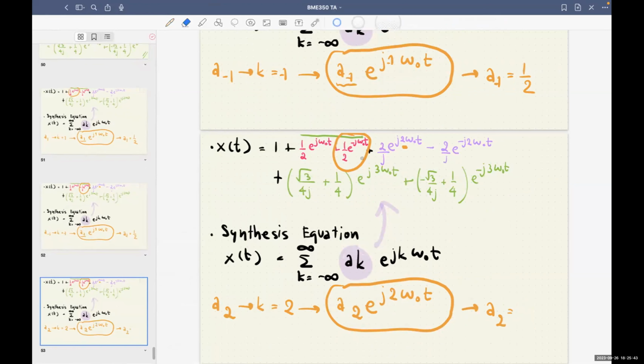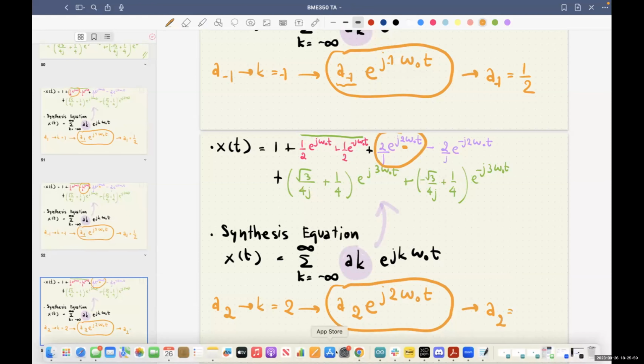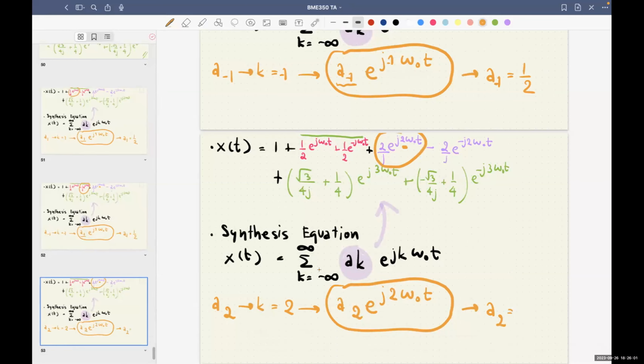Now we're gonna look at this term. Can anyone help me find the coefficient? The a_2 coefficient. Shout out or put in chat. I'll give you a hint. Oh, yes.